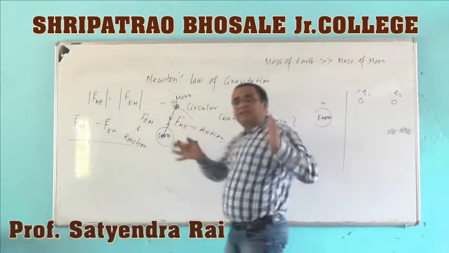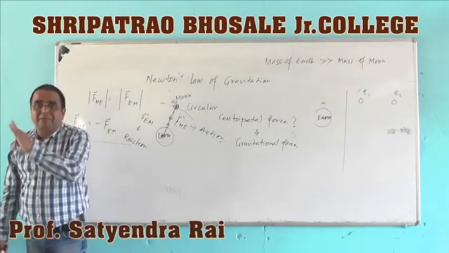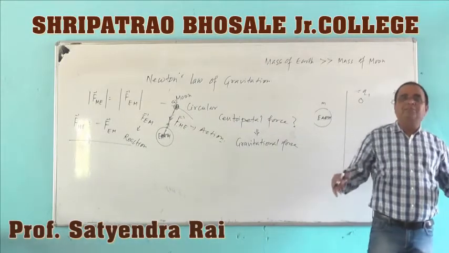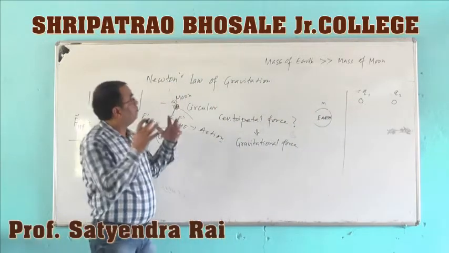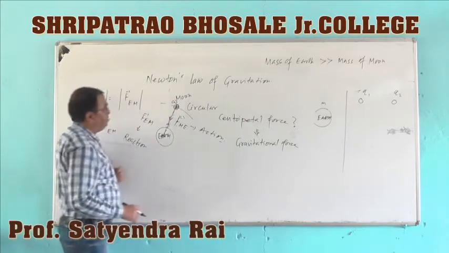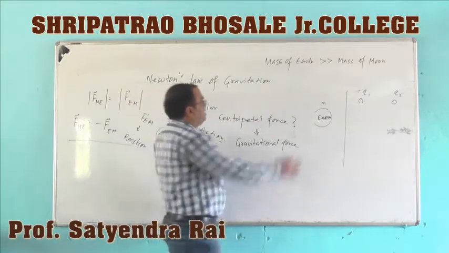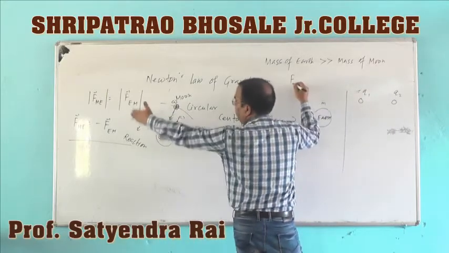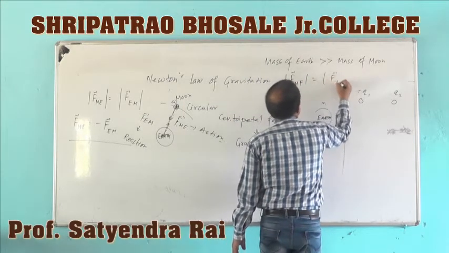And if gravitational interactions are because of the masses, you may develop a doubt in your mind that if the Earth is more massive than the Moon, then definitely the pull of the Earth is more than that of the Moon. But since they make an action-reaction pair, their individual masses don't play that much role. Even though the mass of the Earth is much greater than the mass of the Moon, we have just seen that magnitude-wise F_ME is equal to F_EM.